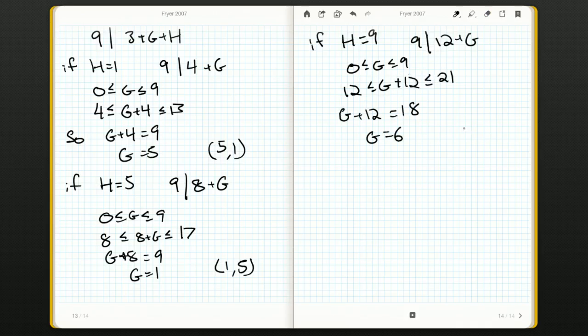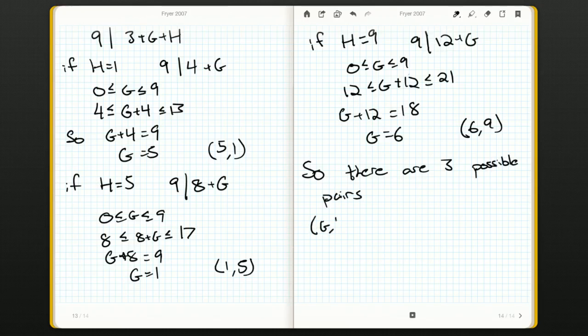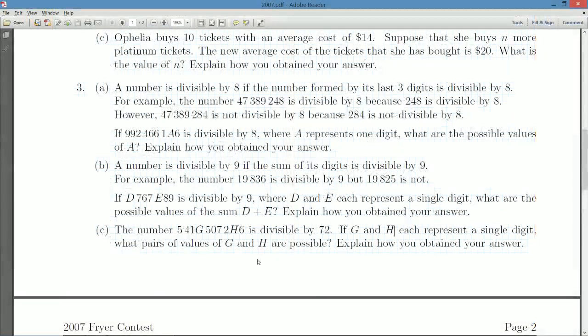So G is 6. So we get 6 and 9. So we get 3 possible pairs. GH is 1, 5; 5, 1; and 6, 9. And that was the last thing we had to do in this question. That was part C. So, what pairs of values of GH are possible?